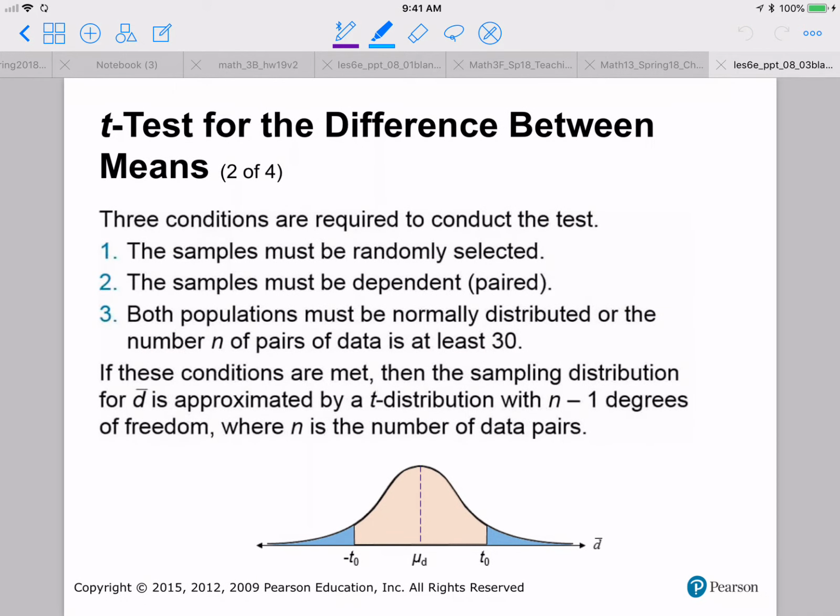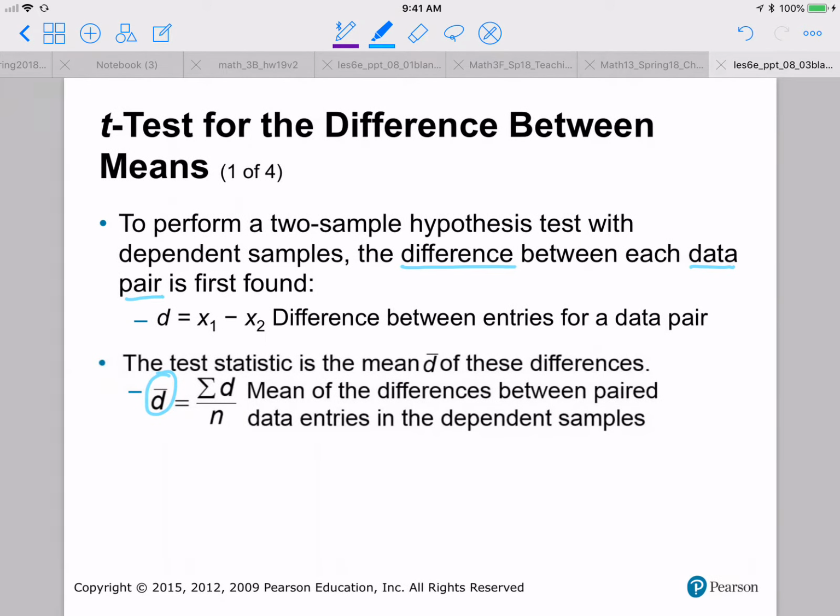We'll see some examples of how to do this, but you'll have basically 2 sets of data, and the 2 sets are paired, so then we can look at the differences. D1 would be the difference between the first pair, D2 would be the difference between the second pair, and so forth.